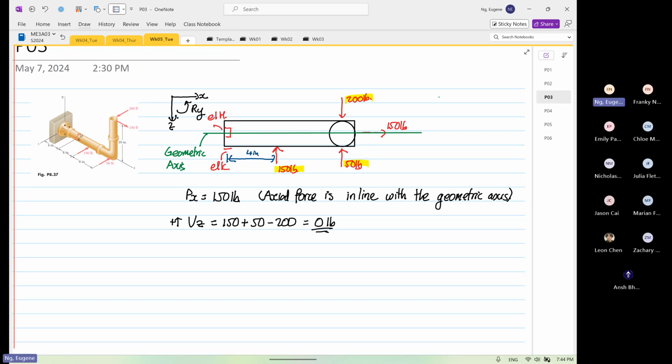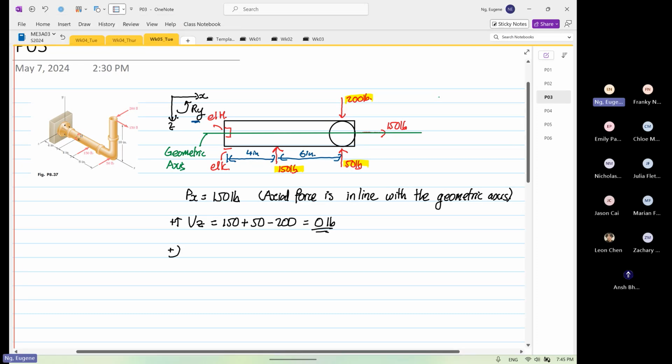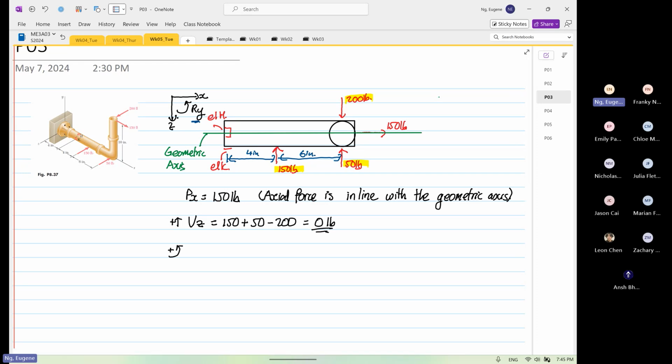And there's another perpendicular distance from here to here, 6 inch. As long as there is a force and a perpendicular distance, you are going to generate a moment. And we know that the moment will be about the y-axis. So you declare, it's up to you to declare now. Declare what? Anything that's causing a clockwise moment or a counterclockwise moment will be positive. So this will be moment about y.